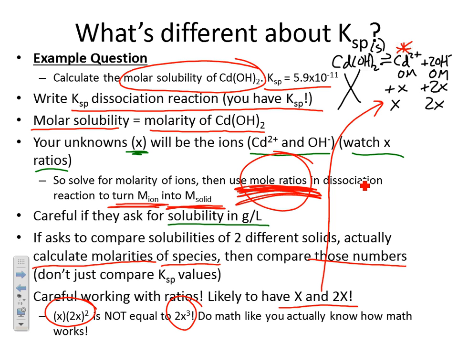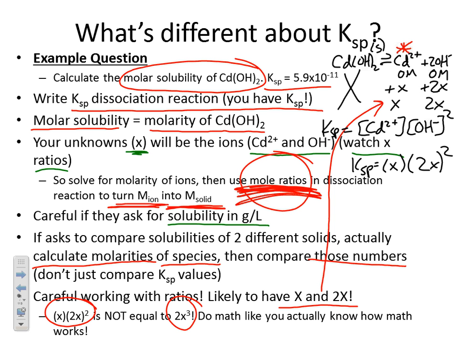And this, by the way, is coming from the equilibrium expression up here, right? Because the equilibrium expression for this, Ksp, is equal to cadmium times the hydroxide squared. So you're plugging in: Ksp is going to be equal to x times (2x) squared. Oh my God, you guys!